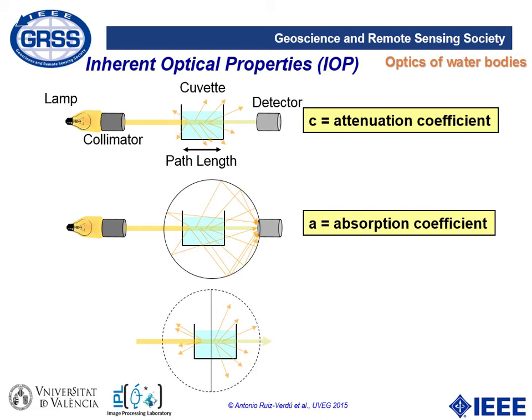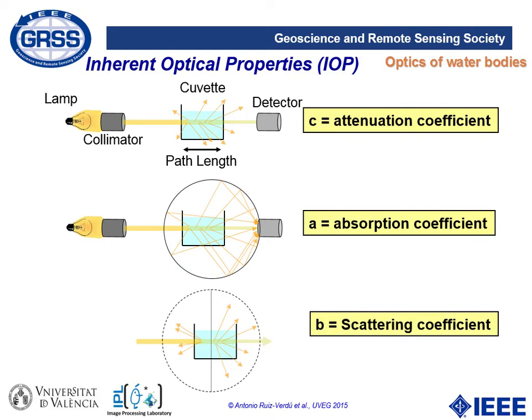For seeing the rest of the light, what is called the scattering coefficient, we can measure it just by subtracting absorption from attenuation. In this case, we represent in the two hemispheres the light that is being scattered in the forward direction and the light that is being scattered in the backward direction.